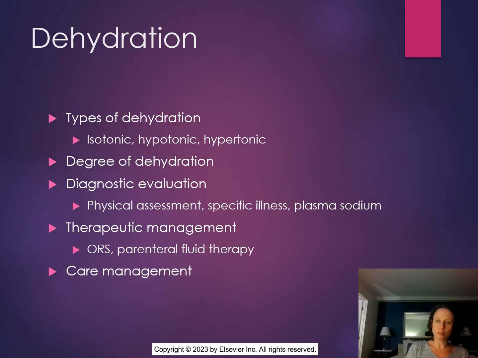So that's one of the reasons why it's really important whenever we have a kiddo that has dehydration or diarrhea that causes dehydration, that we do oral replacement supplement or a balanced parenteral fluid therapy. We want to make sure that we're replacing the proper amount of electrolytes. So you wouldn't want to just do straight water because that's going to be low on electrolytes.